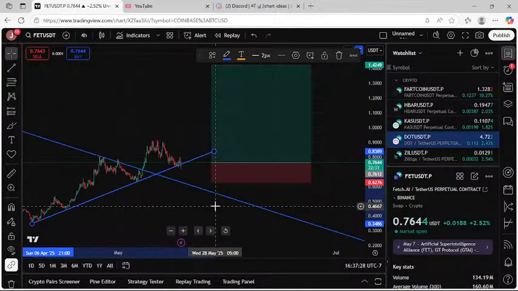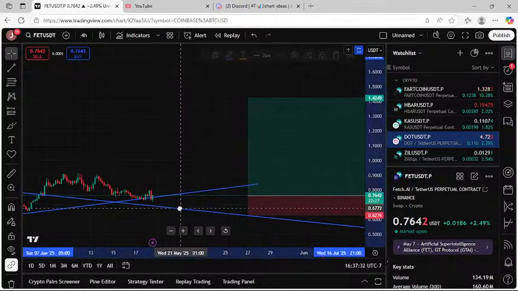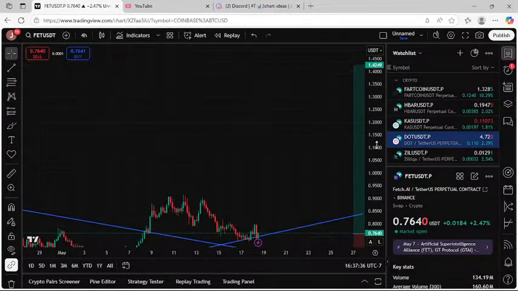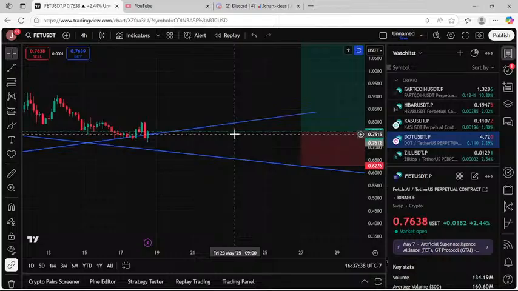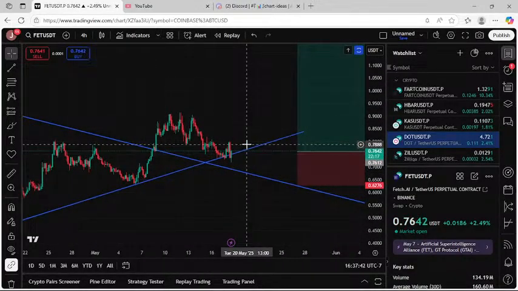We're gonna ride that trend line right there. That's gonna be our bounce off point. Damn. I've been wanting to do something with FET for such a long time.